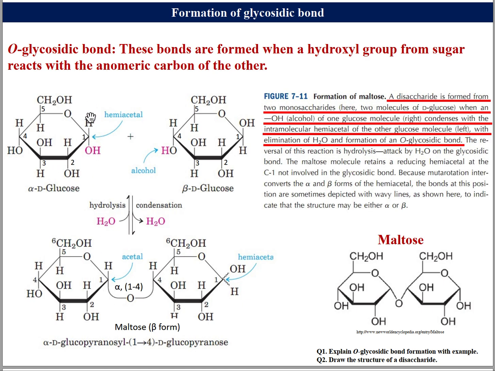If the hydroxyl group is on the upper side, the glucose will be in beta form, so the bond will be beta form. Here the number 1 carbon and the number 4 carbon have been linked, so the bond is an alpha 1,4 linkage.